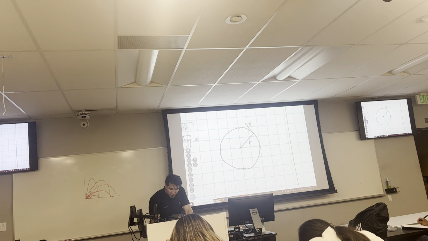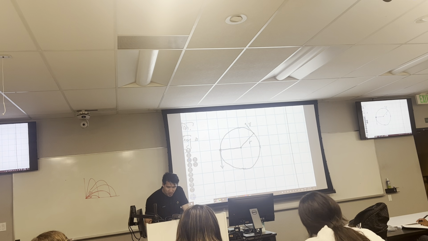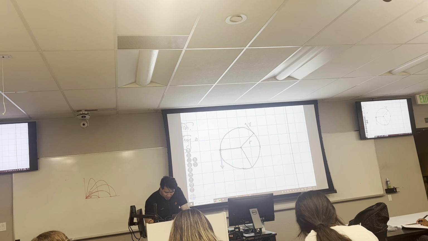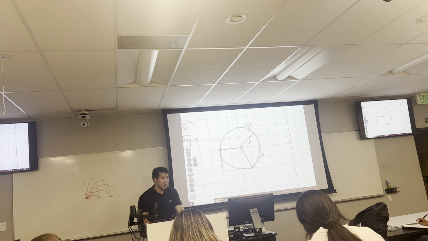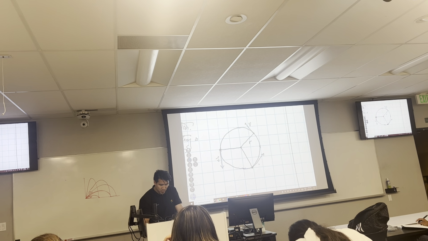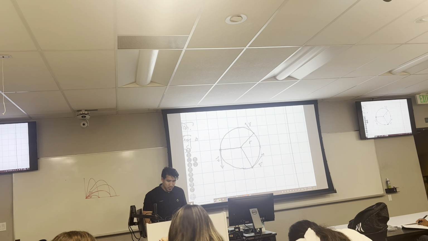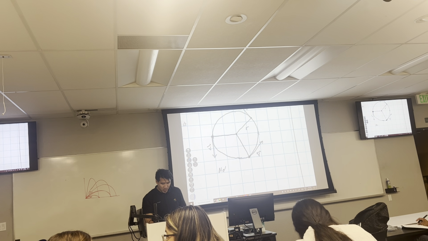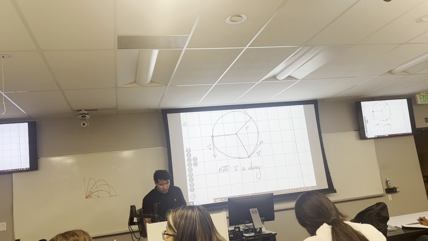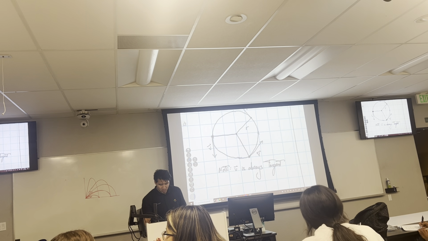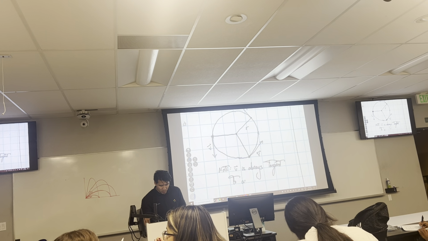And of course, if the particle was on this side, the velocity would be straight down, and if the velocity was over here, then it would be slightly at an angle upward in this direction. So note that V is always tangent to the circle.